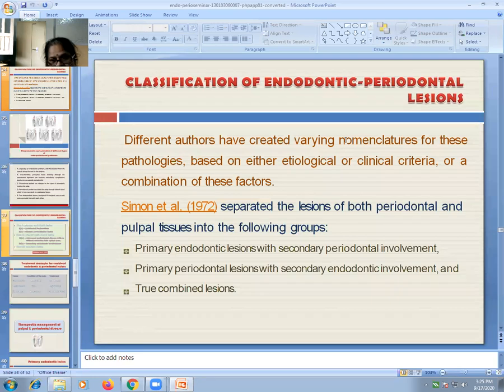The primary lesion is of endo origin, that is pulpal origin, and it is secondarily infecting the periodontium. The second one is the primary periodontal lesion, which is infecting the pulp. That is a secondary endodontic involvement. And the third one is two combined lesions.